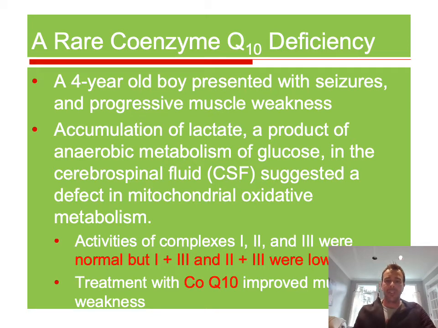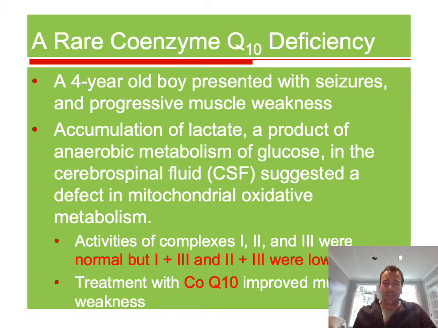You can have deficiencies in coenzyme Q. For example, here's a clinical presentation of a 4-year-old boy who presented with seizures and progressive muscle weakness. He had accumulation of lactate, a product of anaerobic metabolism of glucose. This suggests a defect in something going on with oxidative metabolism in the mitochondria.